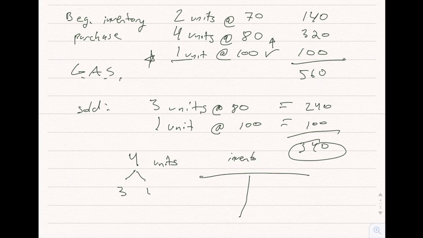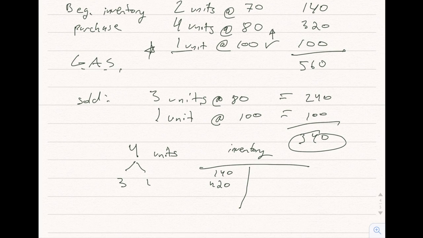Let's look at the T account. Inventory. So we started with 140, right? Then we purchased 420. The merchandiser did.